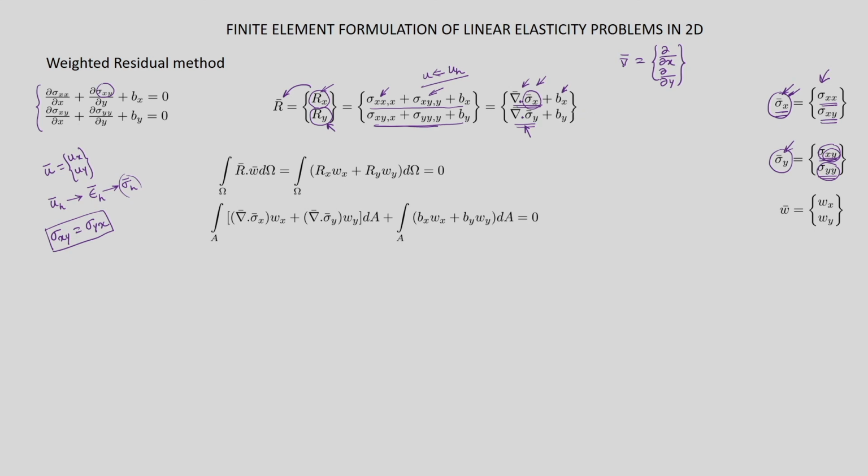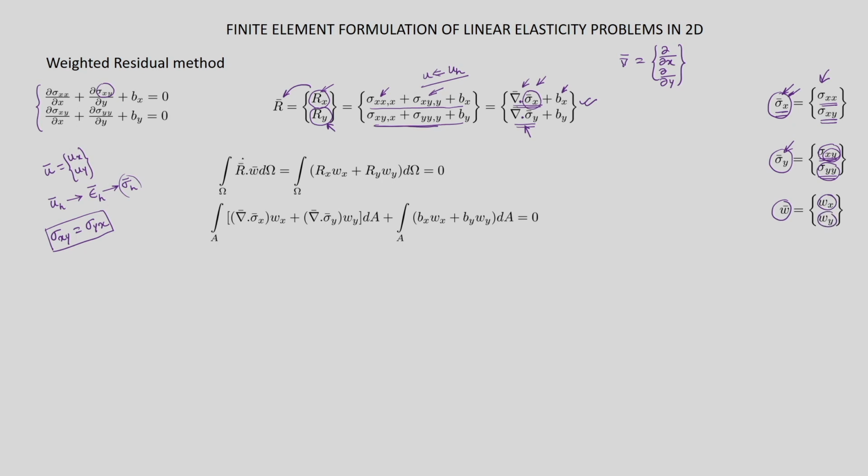Alright. So once we have the residue, then what do we do? We multiply the residue with an arbitrary function w. Now in this case we have two residues, two components rx and ry. So here we will assume two weights wx and wy. So we will have a weight vector that comprises of wx and wy.